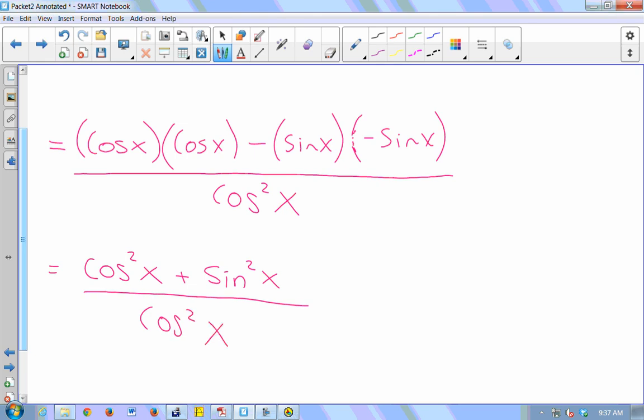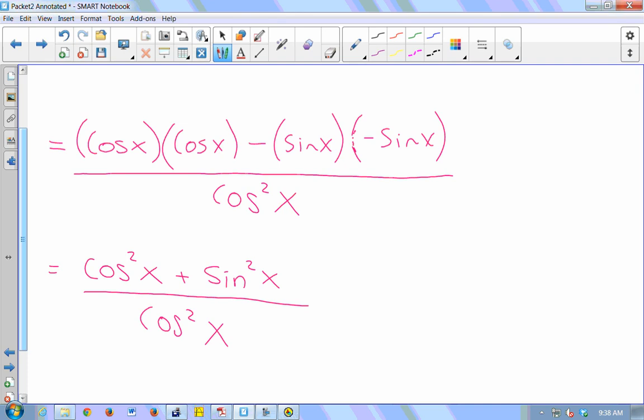Can I just cancel the cosine squareds? Yes, there's an identity: cosine squared plus sine squared is 1. But somebody please tell me why I can't cancel the cosine squareds.